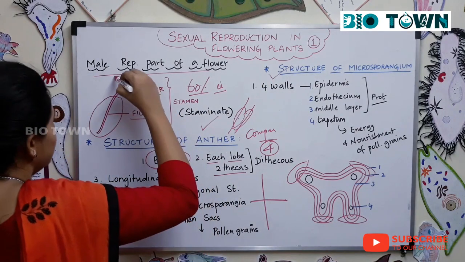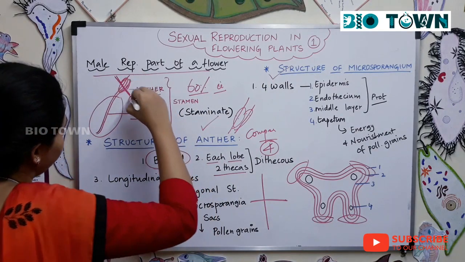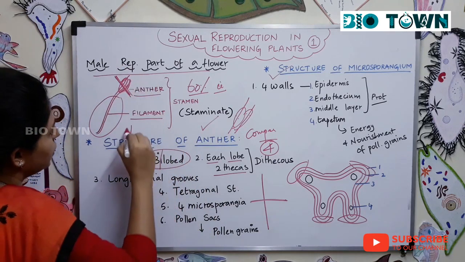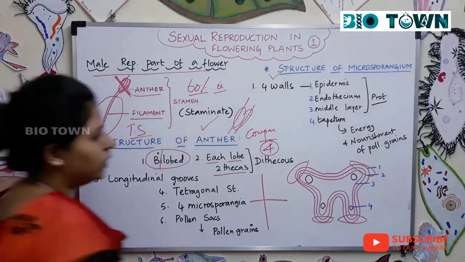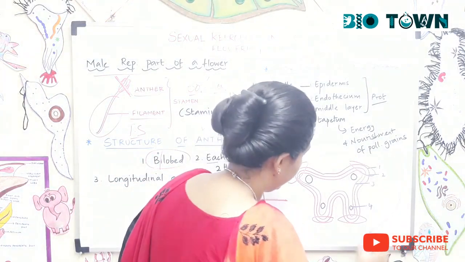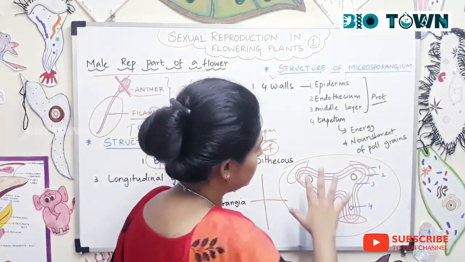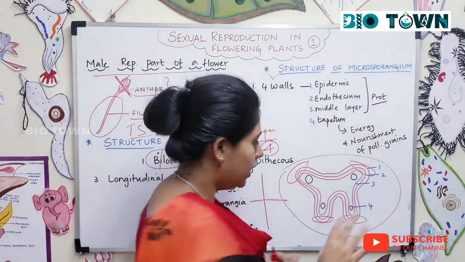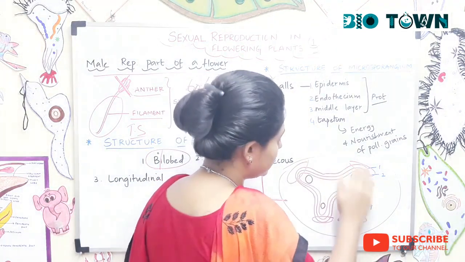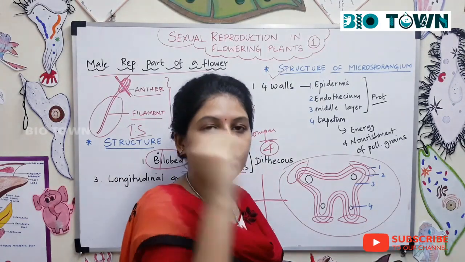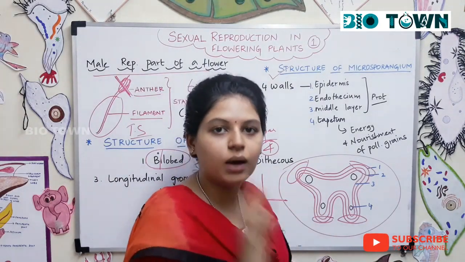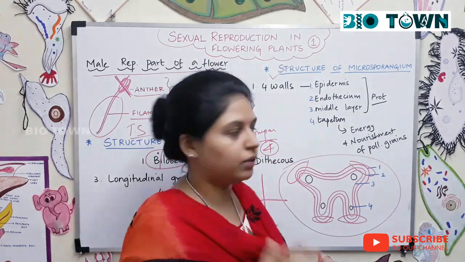This is a sketch of a transverse section of a microsporangium. When you take a TS of it, this is how it looks. It is a microscopic structure. Here only the cell walls have been drawn, but when you see it in your book, you have a lot of cells in them. That's how they exactly look under the microscope.